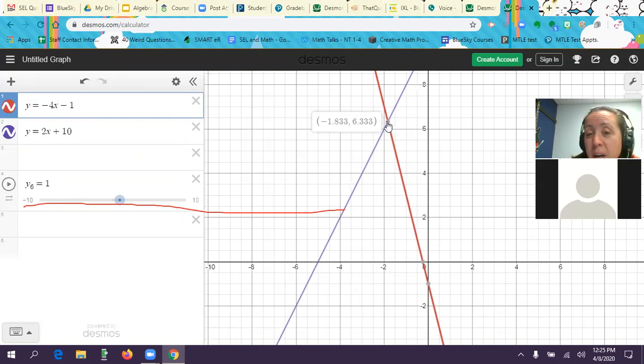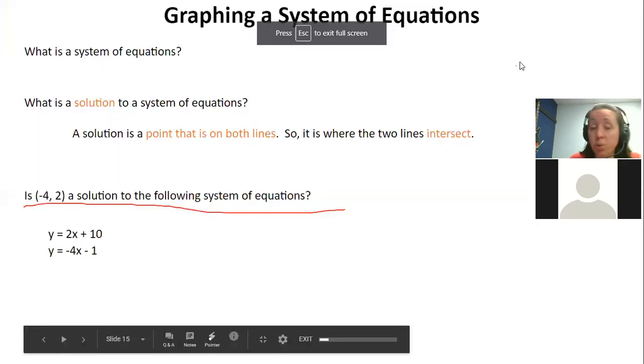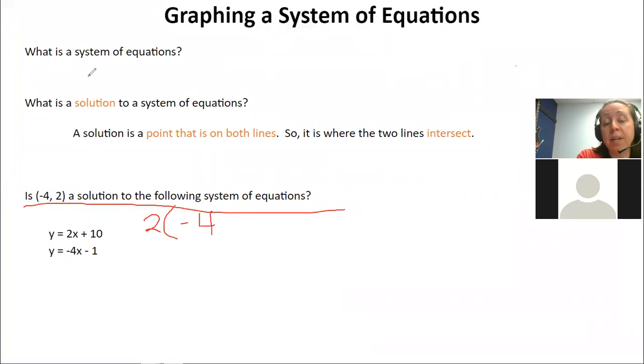And sometimes you have to adjust it. Oh yeah, it looks like that's the intersection. Yeah, Piper, that's right. You could also plug those numbers in and see if that works. So we could check. We could go 2 times -4 plus 10.